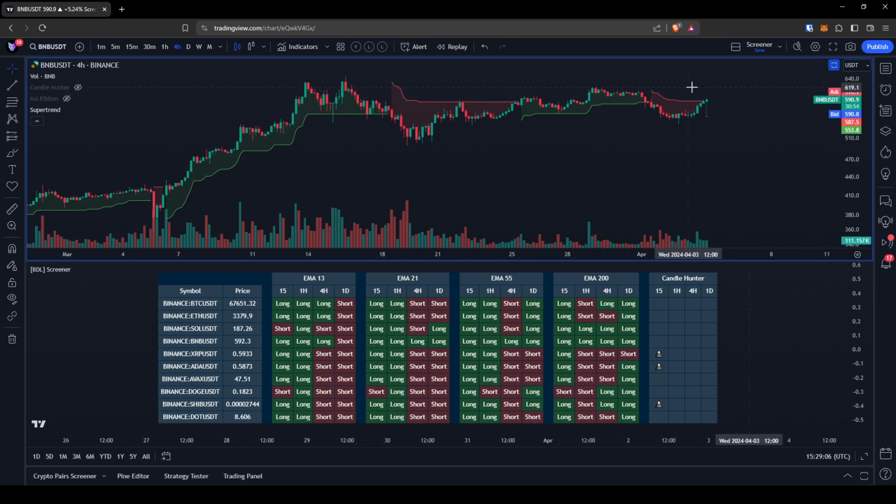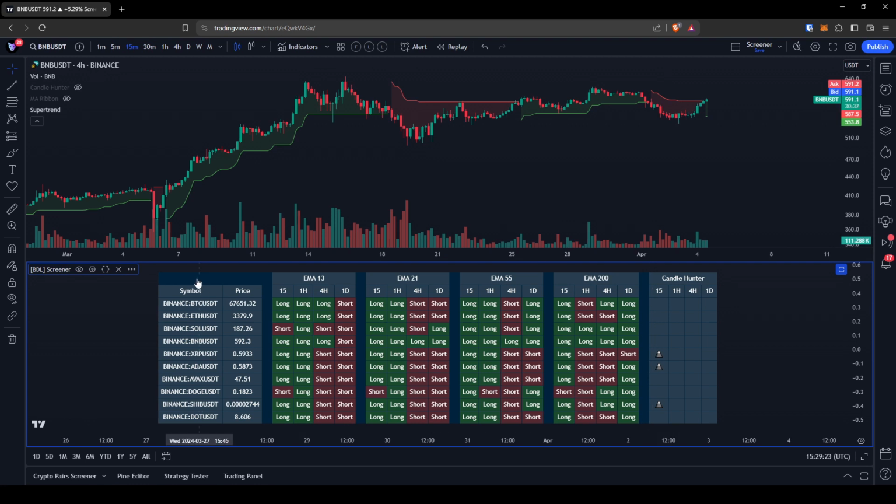We're hitting this resistance here. Let's see what happens, but it's good to know that there's something going on at the moment, and we also have in some coins the BDL signals, the possible reversals. The BDL signals are actually three different ones.